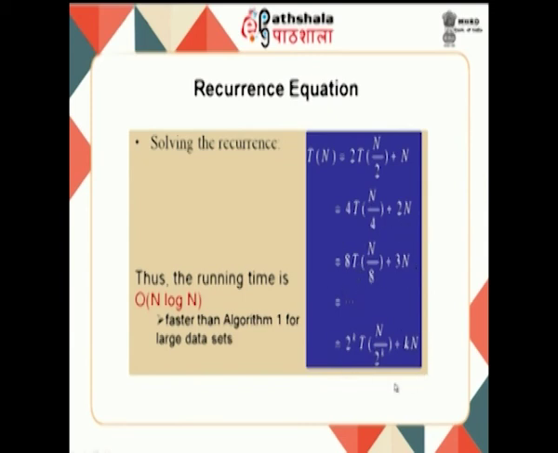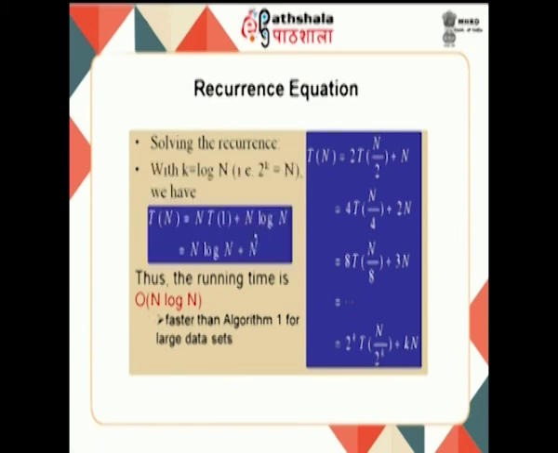So, approximately this is 2 power k T of n by 2 power k plus kn, and the running time of this particular algorithm, if you take log and solve it, is of the order of n log n. So, this is approximately n T of 1 plus n log n. So, it takes time of n log n, which is what we are trying to say for this particular problem.